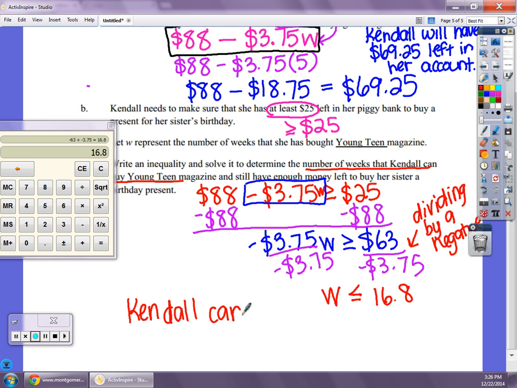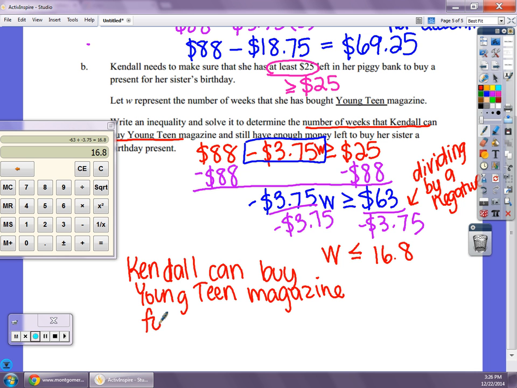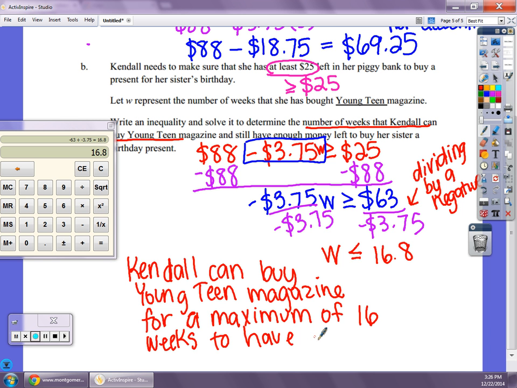Kendall can buy Young Teen Magazine for a maximum of 16 weeks to have at least $25 for her sister's present.